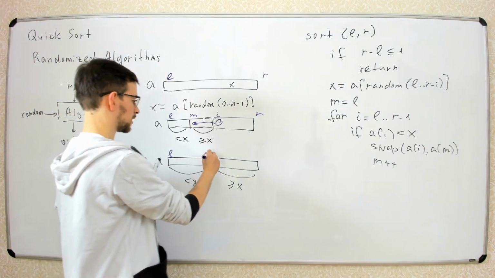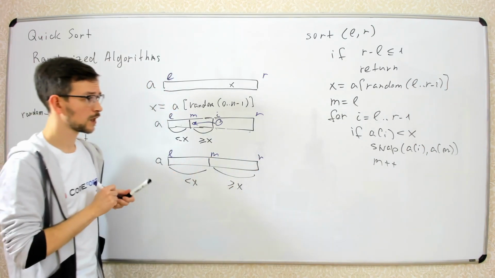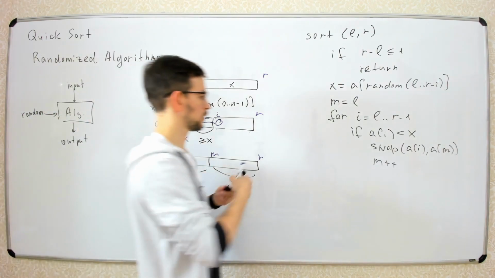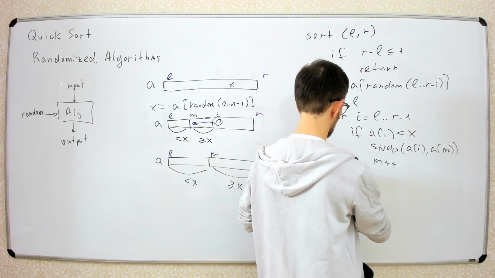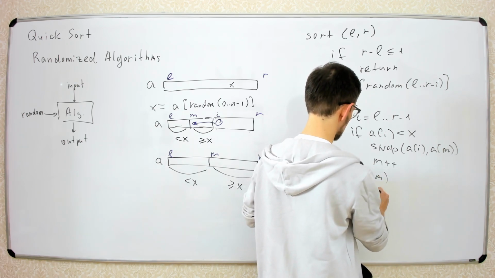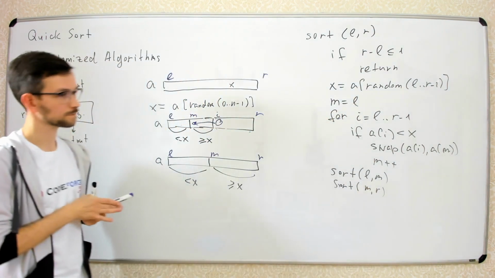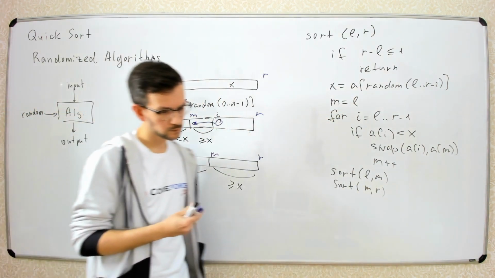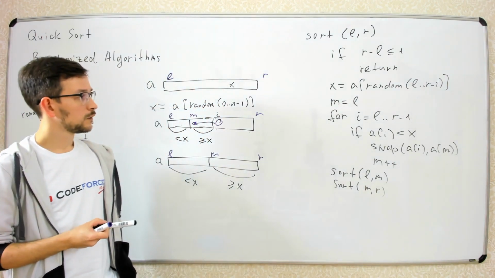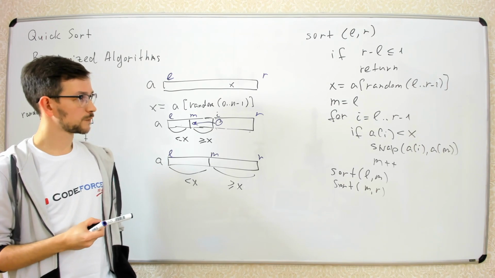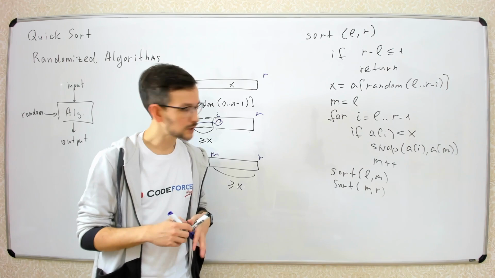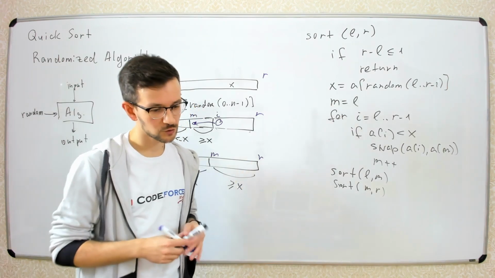This is L, this is M, this is R. And now we simply call the same procedure twice: sort from L to M and sort from M to R. That's basically the whole implementation of quicksort. It's not the best implementation. Now we'll discuss why it's not the best, but it's good enough.